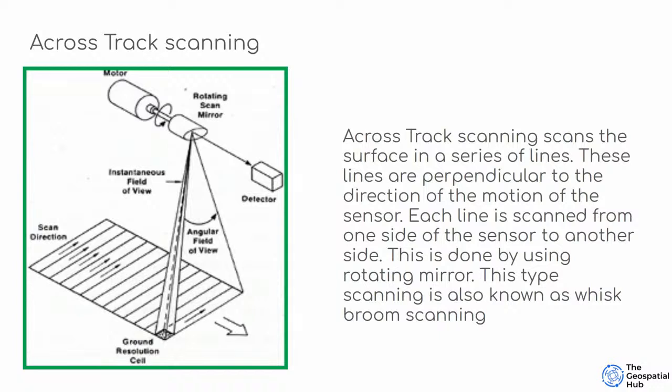An example of a satellite that uses this system is Landsat. It is also important to note that each line is scanned from one side of the sensor to the other side. That's what I was trying to explain about the broom. Like when you're sweeping your room, you sweep from one end to the other end of your room.